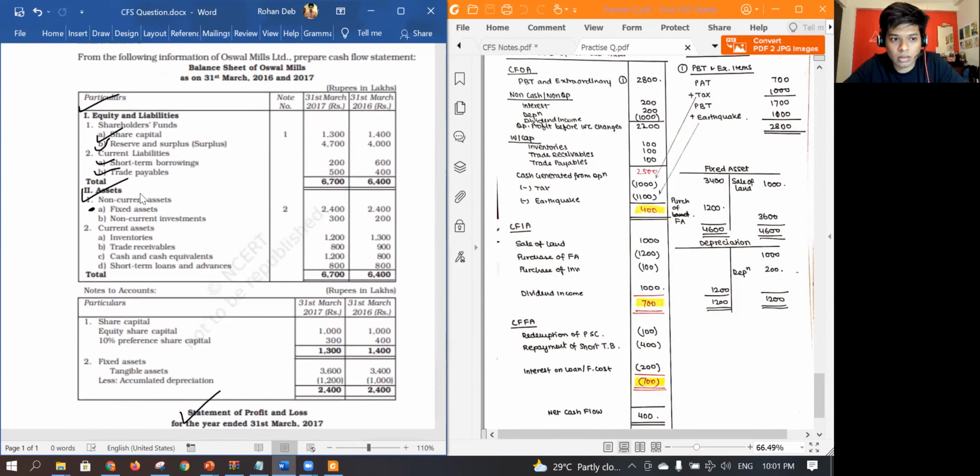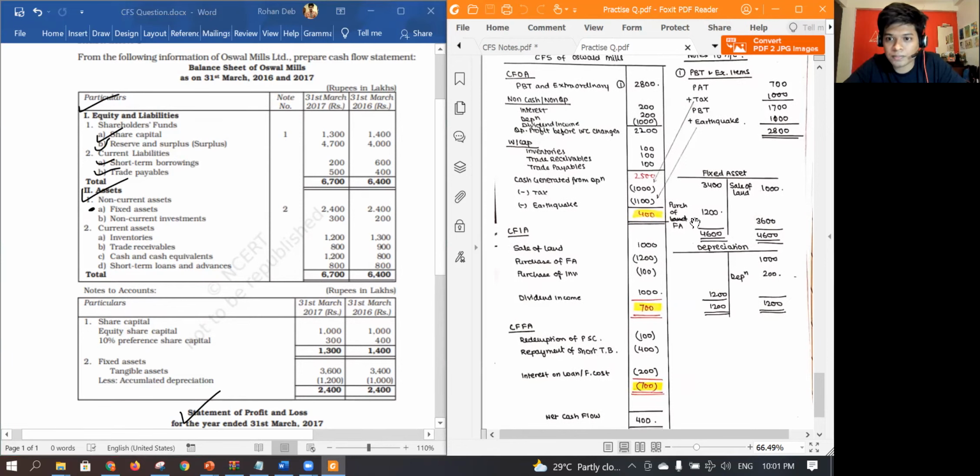So out of 3400, 1000 of land I've sold, and my balance is 3600. So ultimately I must have purchased 1200 or so. These are the two things that will go in my cash flow statement: sale of land and purchase of fixed asset. Sale of land 1000.